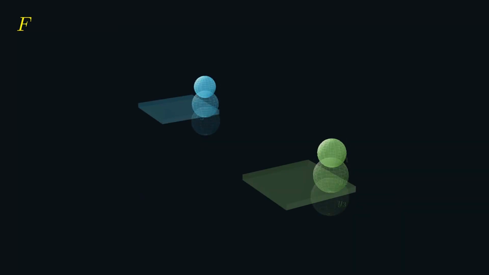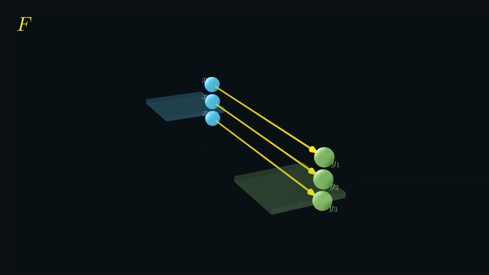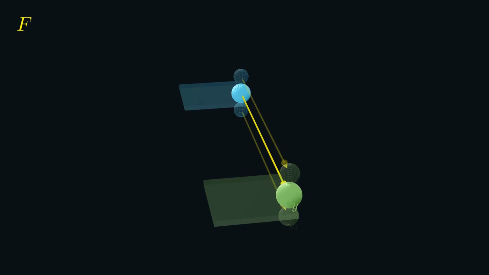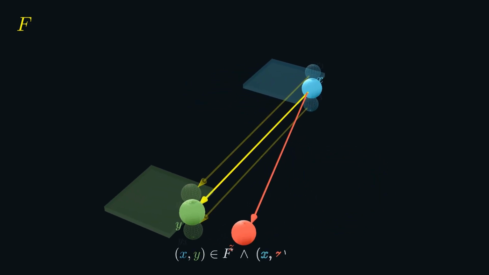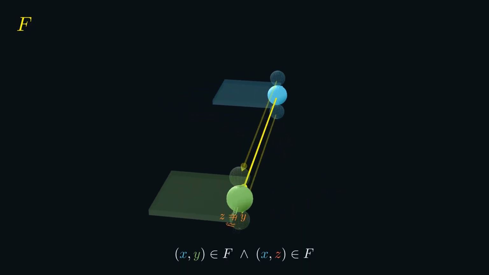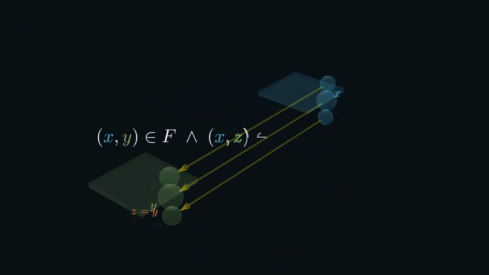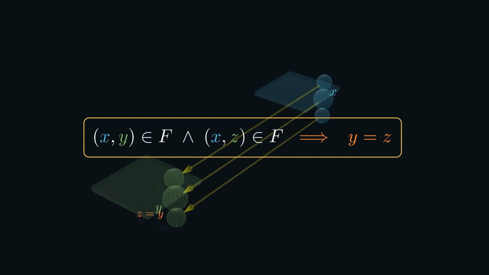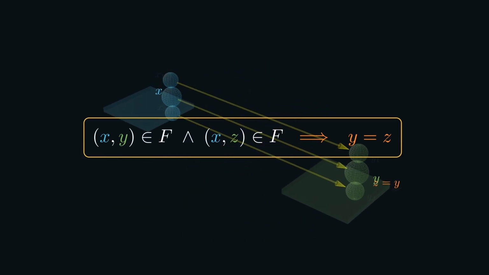In other words, if x, y is in f and x, z is in f, then y must equal z. For every input x in the domain, there is exactly one output y.